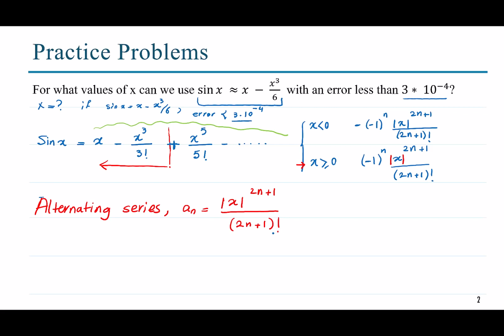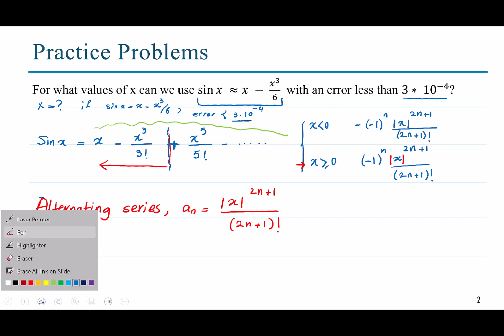Now, if you remember, when we had an alternating series, we had a formula for calculating the error if we used a finite number of terms, right? We said if I cut off here, how many terms of this alternating series am I using?